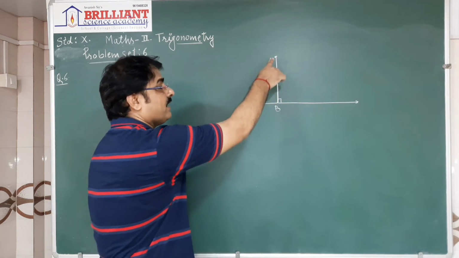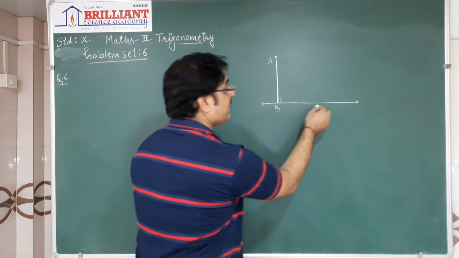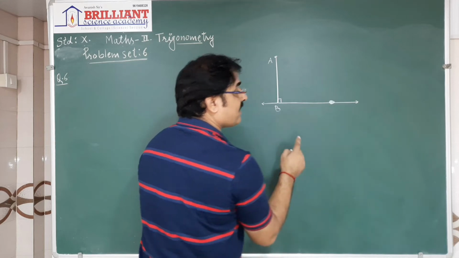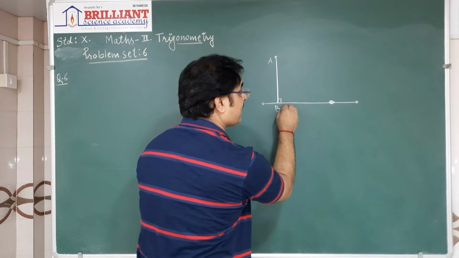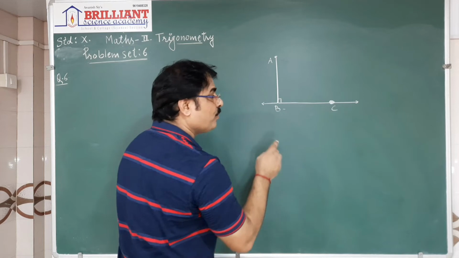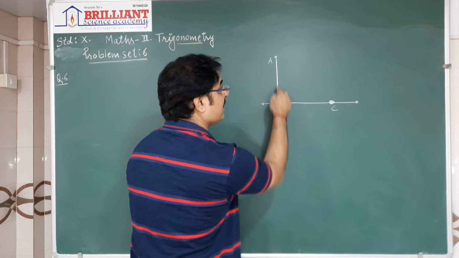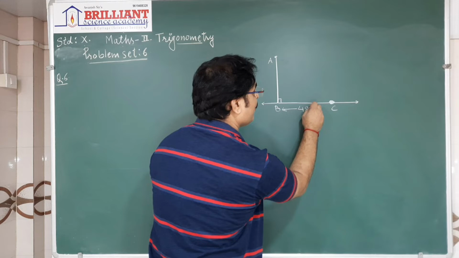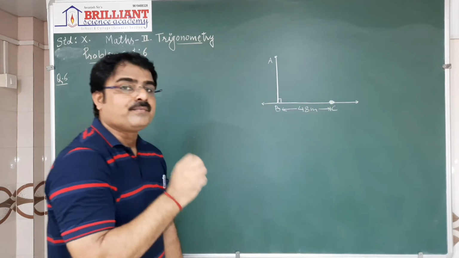This AB is the building. And a boy is standing at a distance of 48 meters from the building. Let B C be the position of the boy, at a distance of 48 meters from the building. This BC is given as 48 meters.